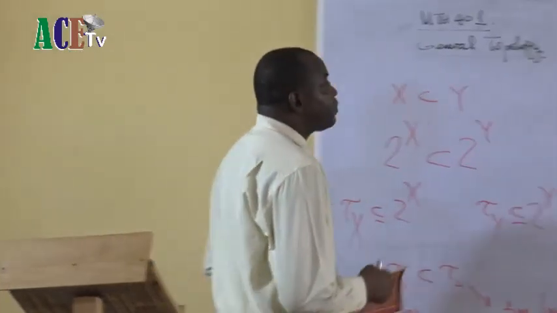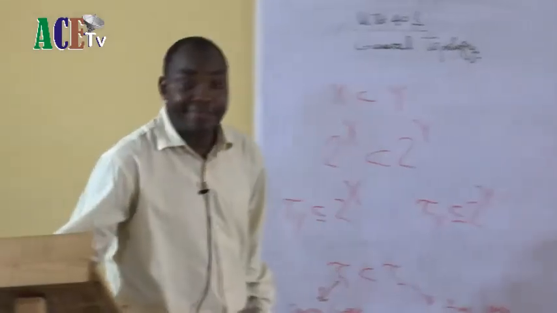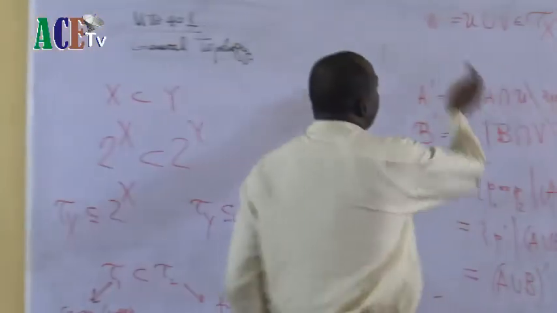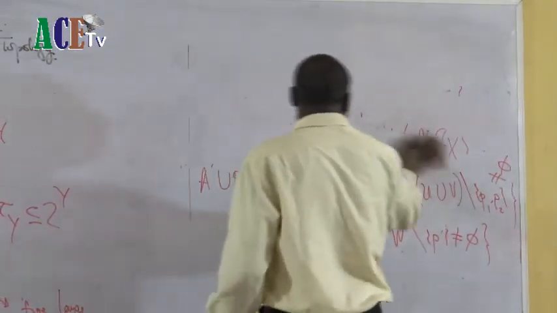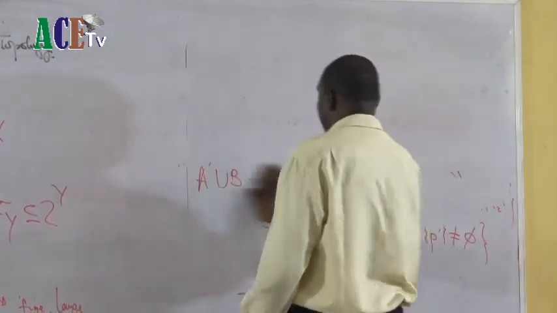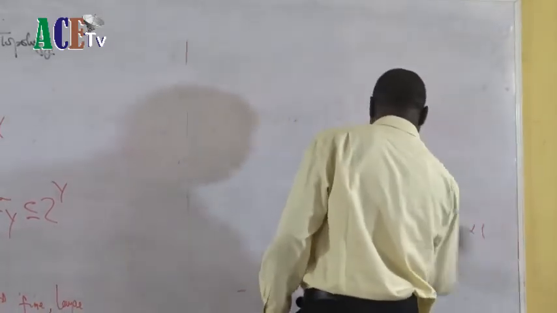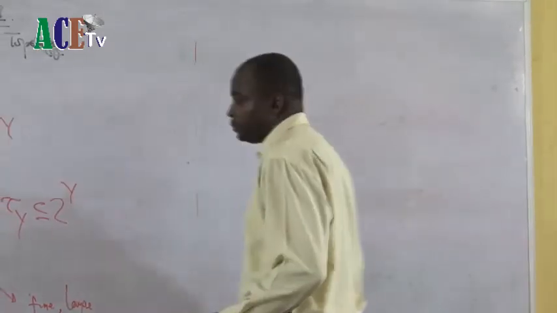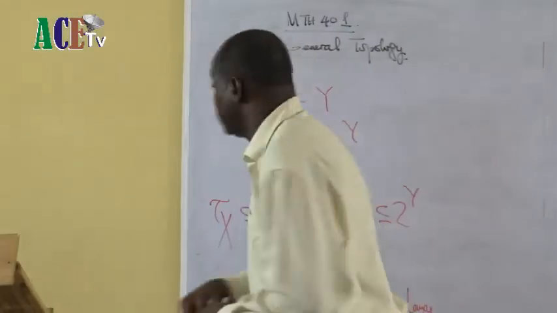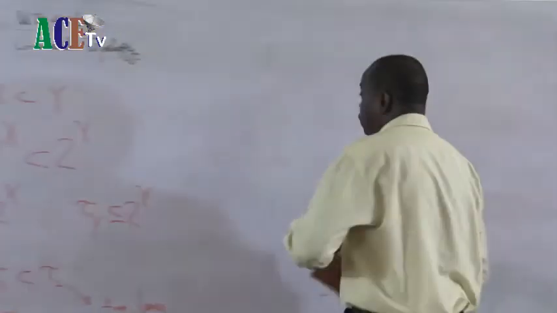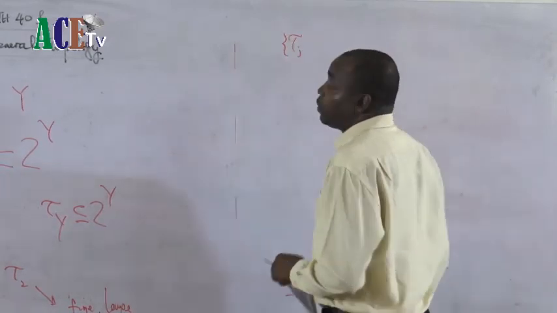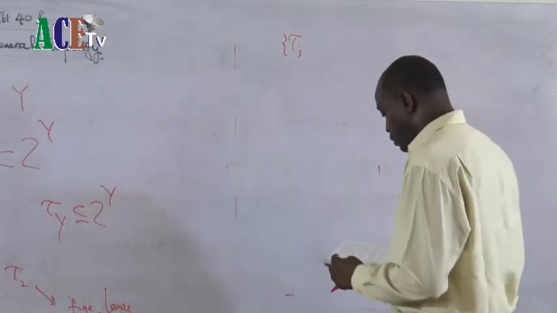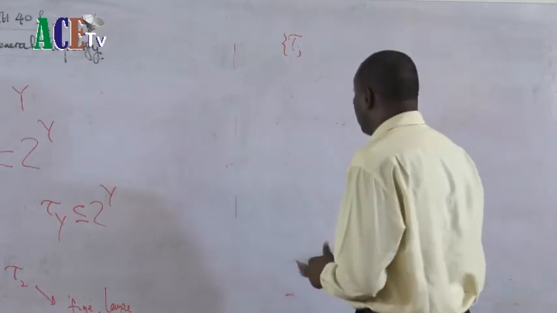So it could be observed that on a single set, you can obtain as many topologies as possible on a set X. And when you have many topologies, we can have a family of topologies.